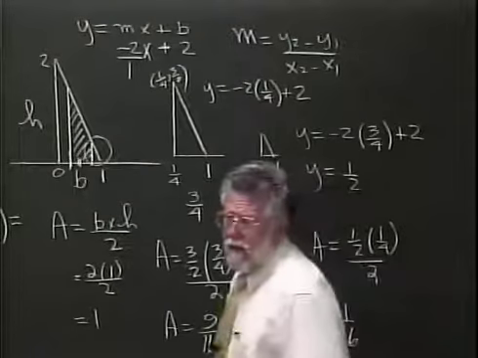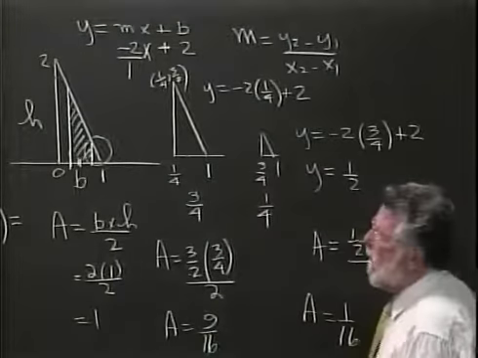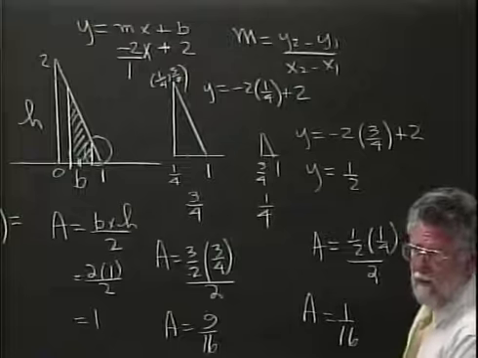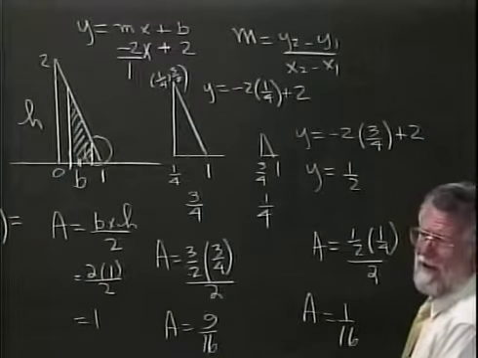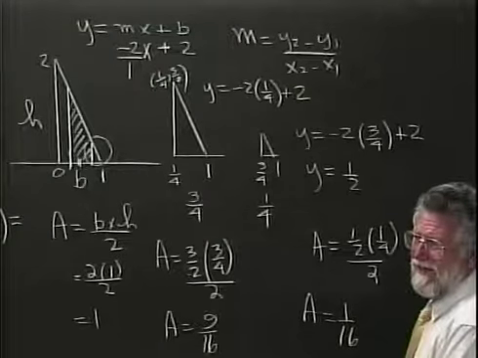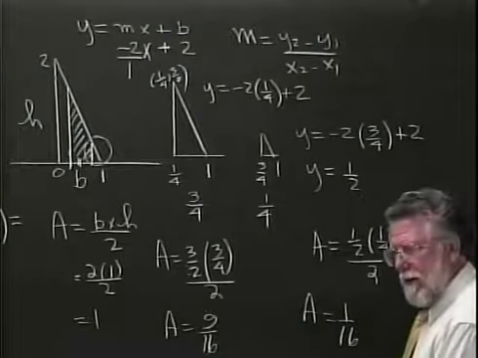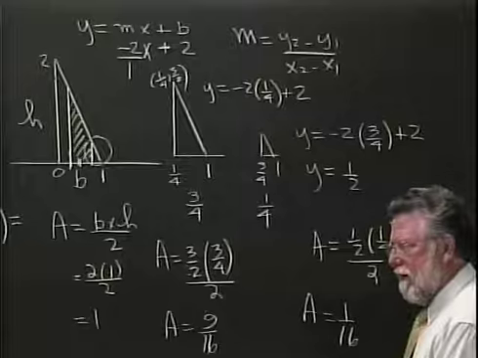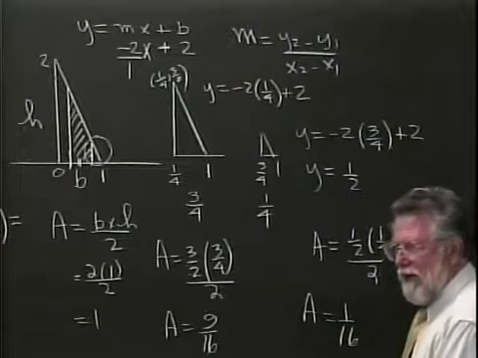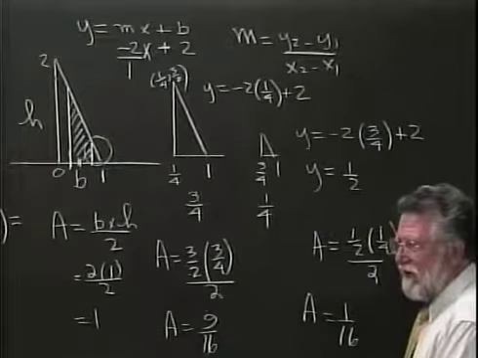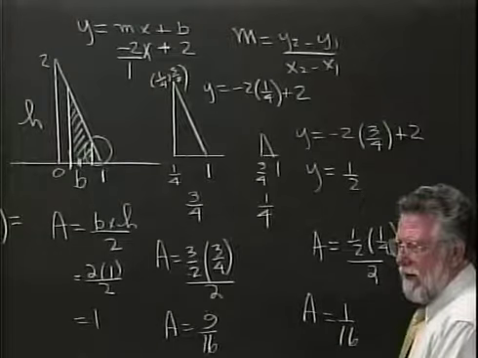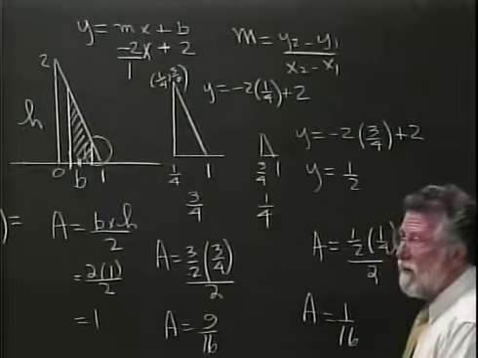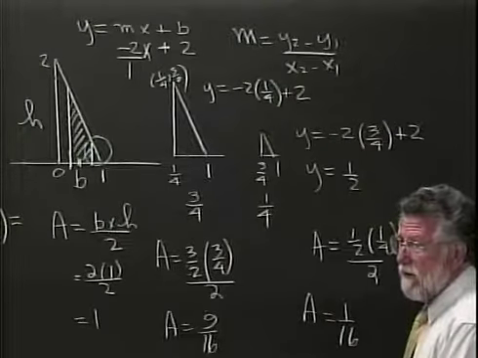So what is the area I want? And if I'm in your way, look at the cameras, the television monitors. So what is the area you want now? 9/16 minus 1/16 is 8/16, which is 1/2. That is a decent question on a test.